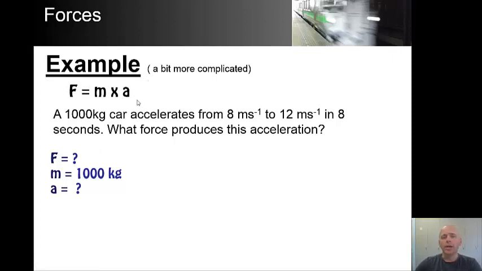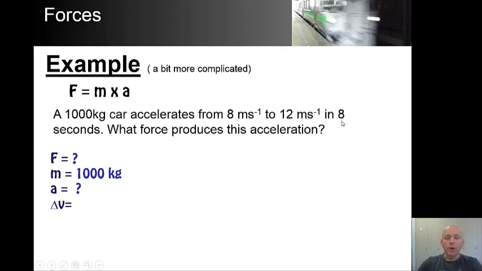We're going to have to determine what a is first. If you take a look at the question, we've got 8 meters per second to 12 meters per second. So this car has increased speed by 4 meters per second, from 8 to 12 meters per second.